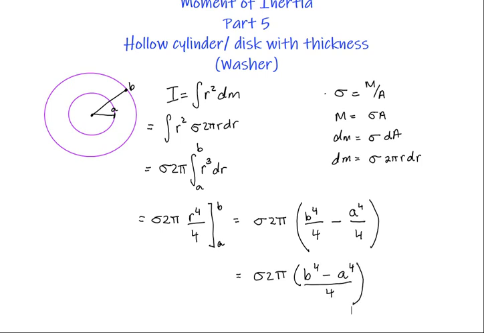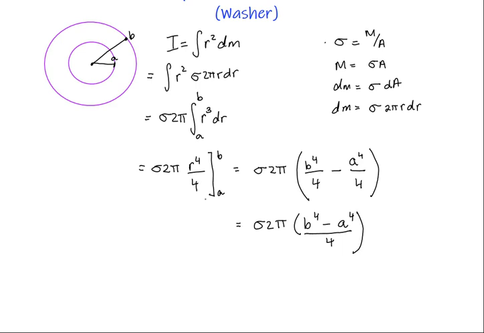Now here's the part that becomes a little bit tricky, where you have to be a little eagle-eyed, because remember, for a difference of squares, B to the 4th minus A to the 4th is the same thing as writing B squared minus A squared times B squared plus A squared.